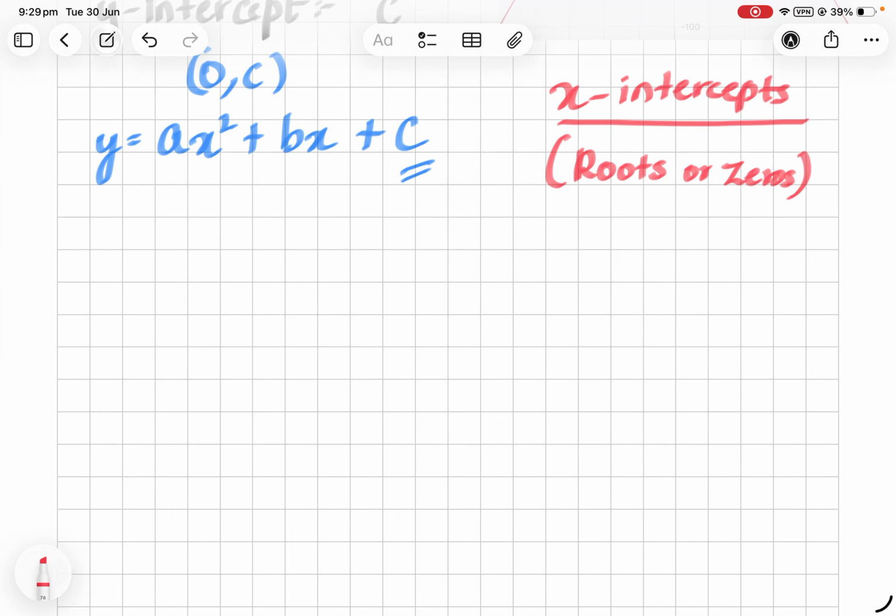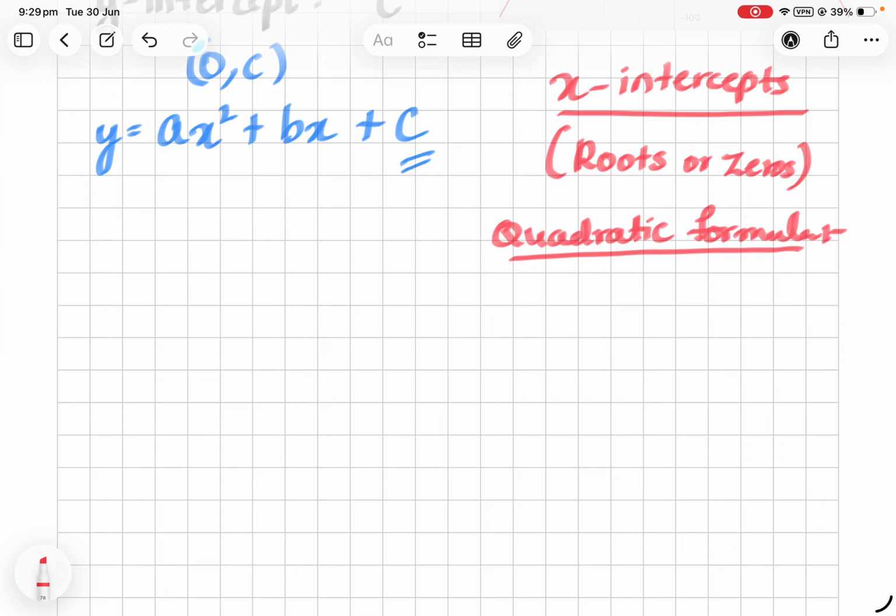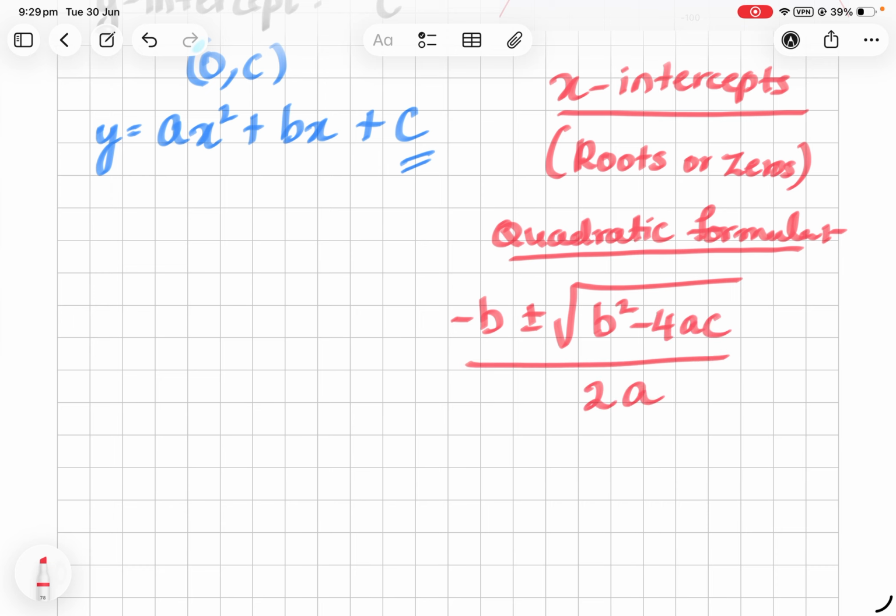Now, there are two ways that you can do this. One, using the quadratic formula. I'm going to do a completely different lesson with examples on this, but this is just a recap. So your x-intercepts are minus b plus or minus the square root of b squared minus 4ac, all divided by 2a. You just substitute your numbers and straight away you can get your x-intercepts.